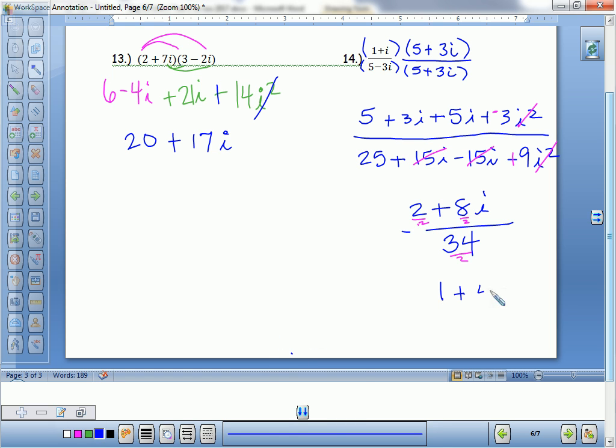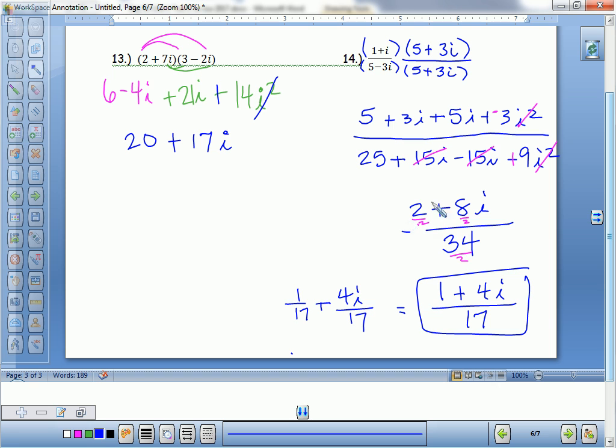So it's 1 plus 4i over 17. Or you could write it 1/17 plus 4i over 17. Yes, sir. Didn't you say that we have to be able to simplify it now? Yeah, that's why we did that part.